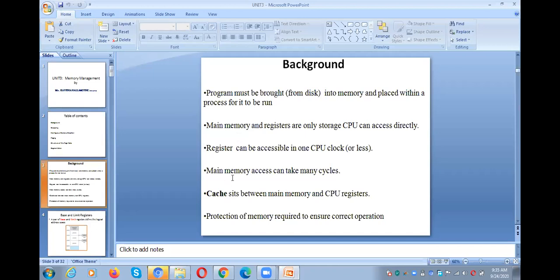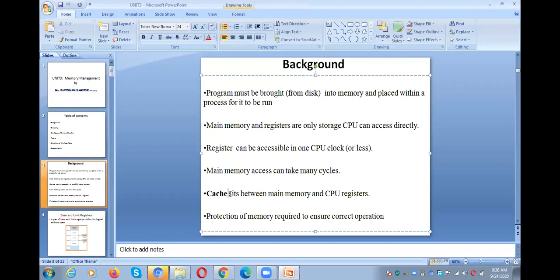And the next point is main memory. Main memory is accessible to the CPU, but it takes more CPU cycles. In order to access the information in the main memory, it takes so many CPU cycles, so much time. And next, the cache is available in between the registers and the main memory.